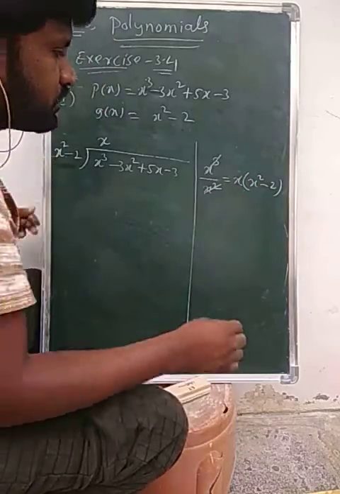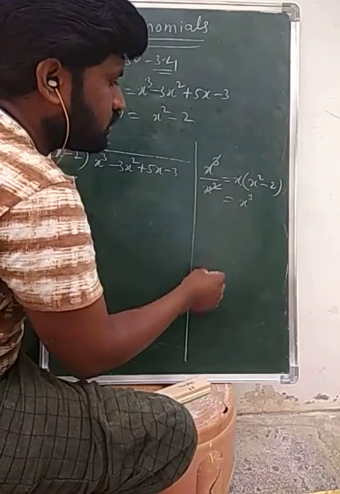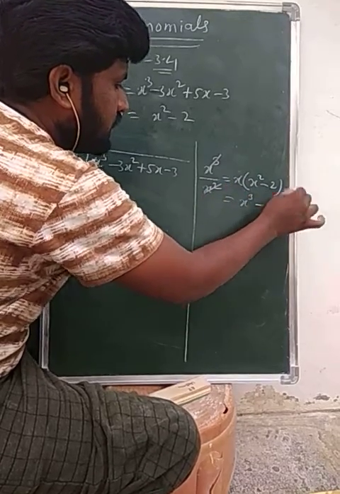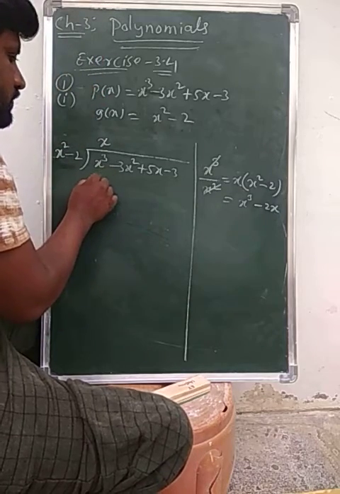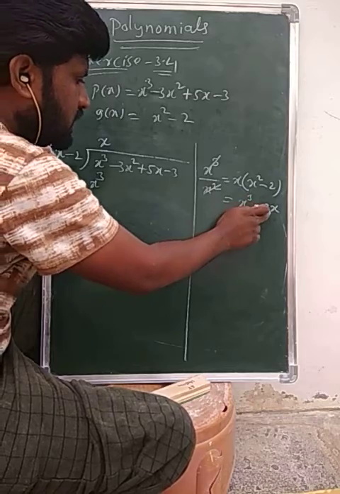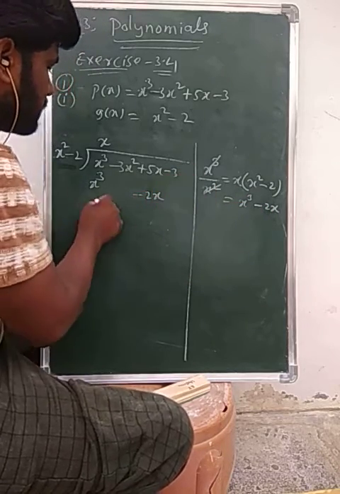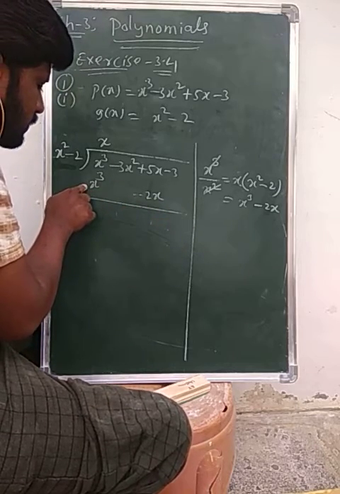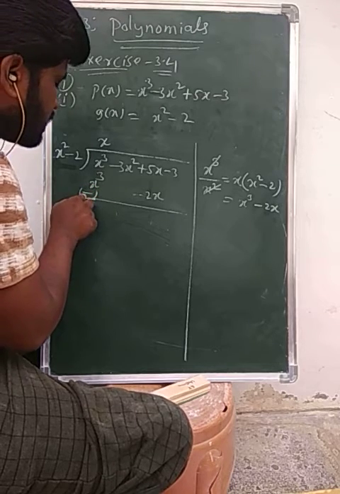square minus 2. Now x into x square we get x cube, minus x into 2, that is x into minus 2, minus 2x. You write this one here, that is x cube, here minus 2x is there, write it below, minus 2x. Now by changing the signs, this is plus x cube, by changing the signs we can write it as minus x cube.